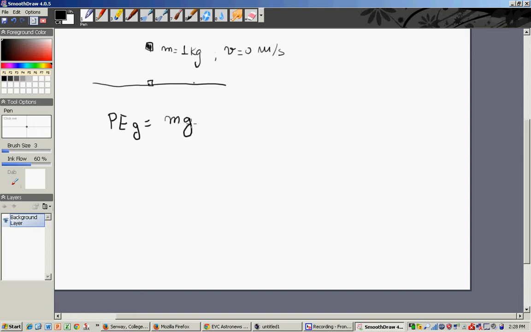Now, the gravitational potential energy of this block we saw in the book is mgh, which is, in my case here, y. This energy, gravitational potential energy, is also given in joules.